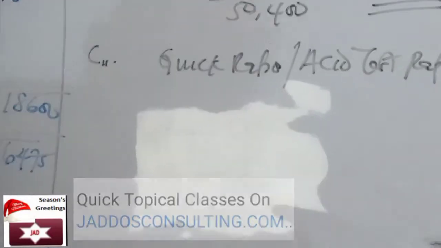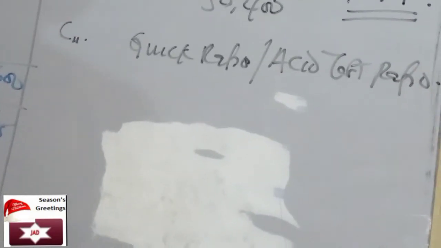What we normally call quick ratio is the ability of the business to quickly turn its items to meet its obligations, that is without having to chase sales.